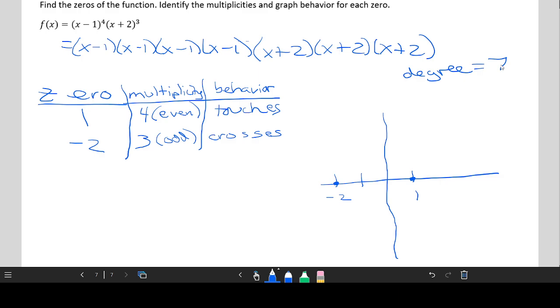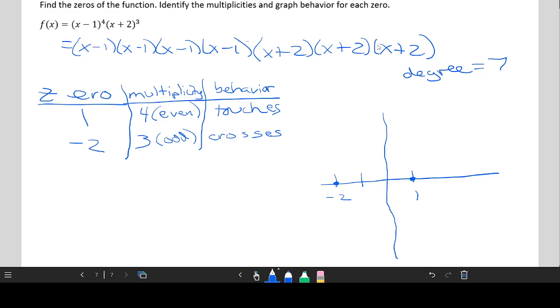And to know which end it points up and which end points down, we need to look at the leading coefficient. None of these factors have a coefficient in front of x, right? Well, they do, but it's 1. And then there's not a value out front here of the factors. So if we had like a 2 out front of this, for example, then the leading coefficient would be 2. But it's just a 1 there, and each of these factors also has leading coefficient 1.